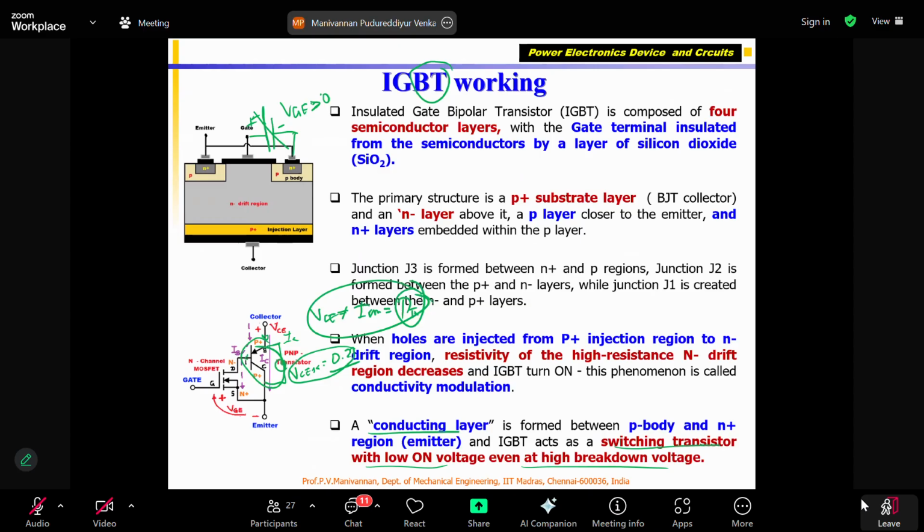In a transistor, VCE is 0.2. But in a MOSFET, VDS, the voltage across drain and source, will not be 0.2. Generally it will be higher, 0.5 volts, 0.1 volt, something like that. So more power will be wasted across the MOSFET. That's why the IGBT combines a MOSFET as input stage and a transistor as output stage, so that the power losses can be reduced and it can work.